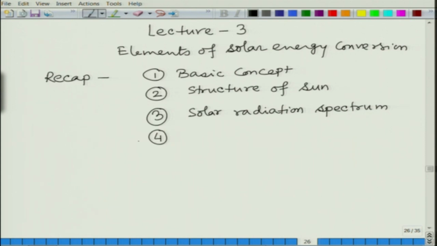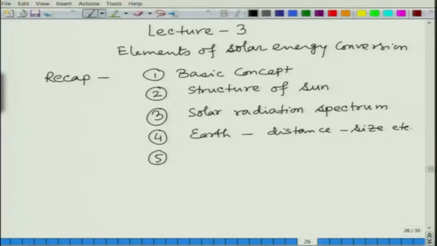Then the fourth thing we have looked at is the details of the earth with respect to the sun, its distance, size, etc.